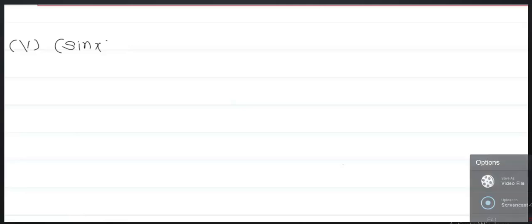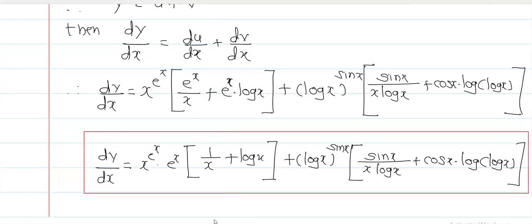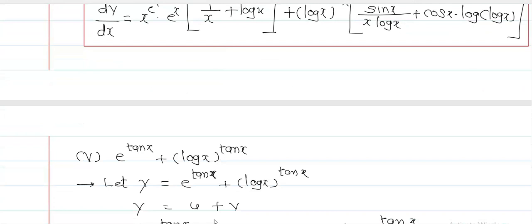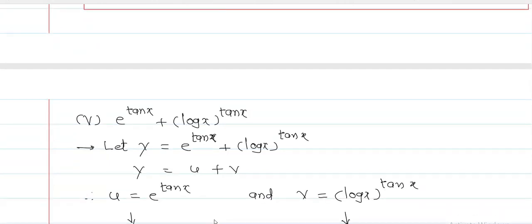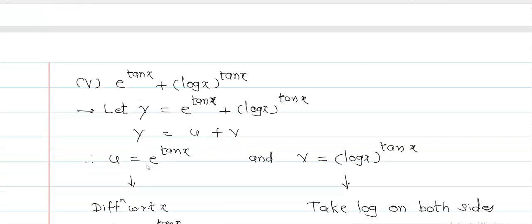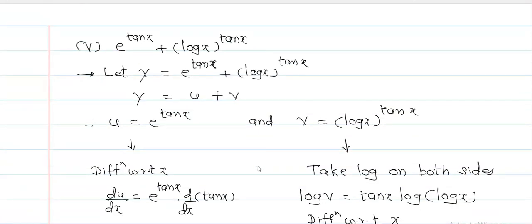See this again here. Fifth one. This is u and v, their differentiation.